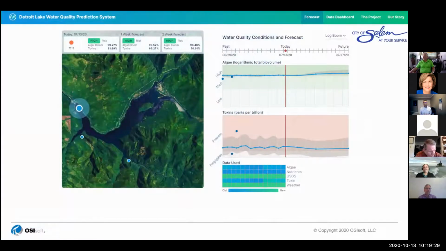They're also bringing in the weather forecasts and so forth, getting all this data together and sending it to a neural network up in the cloud. From there, they predict, as you can see here, the odds of an algal bloom occurring, and then the toxins and the parts per billion of those toxins if they were to occur.